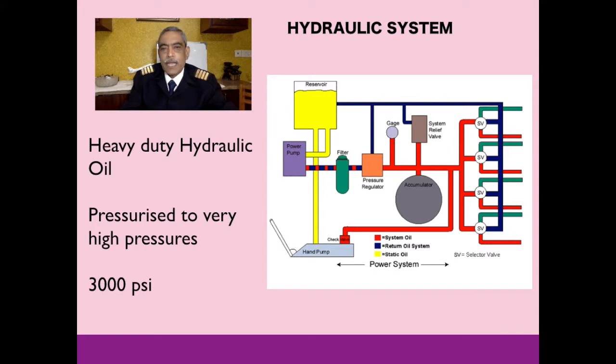And of course, there is an accumulator which is able to trap this pressure and release it in case of an emergency. Also, as you can see, because of its importance, there is an additional measure by which a pilot can operate a hand pump from the cockpit to build any shortfall in pressure that may occur in the hydraulic system.